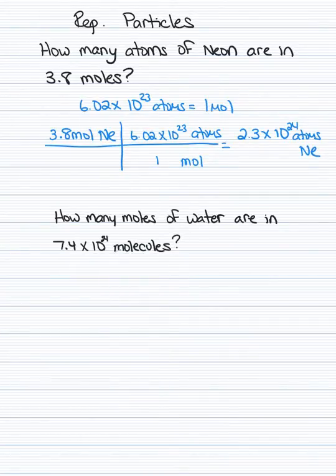Our second example: how many moles of water are in 7.4 times 10 to the 24th molecules? Going back to our mole map, again, we know that there are 6.02 times 10 to the 23rd molecules in 1 mole. So we're going to start this by writing 7.4 times 10 to the 24th molecules.